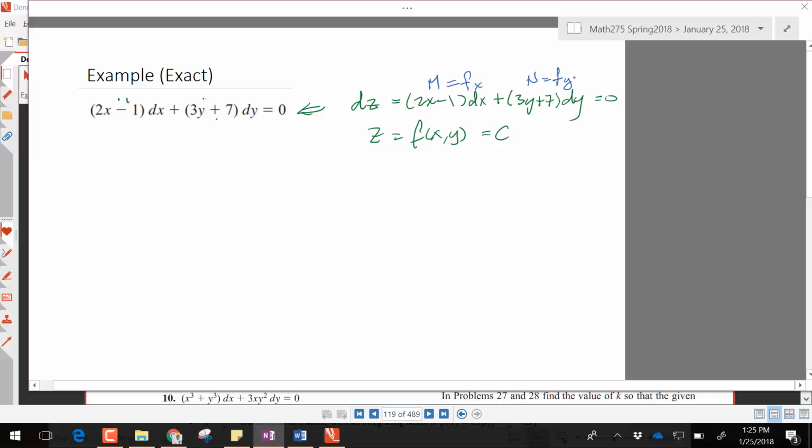So that means the n function must be f sub y. And the subscript means you're taking the derivative with respect to that variable. So what we want to do is try to recover f. And so we're going to take the integral of the m function with respect to x.